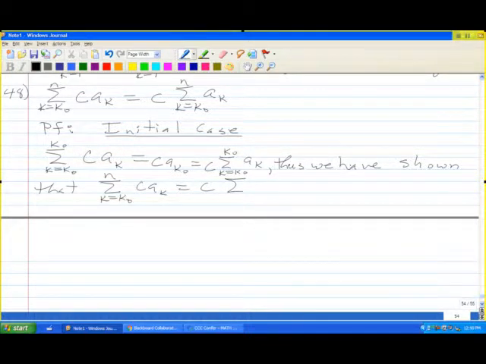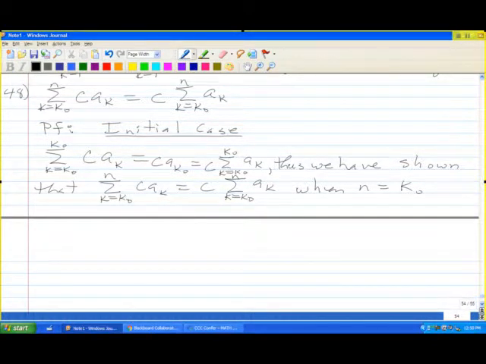Thus, we have shown that these are equal when n is equal to k sub 0. So that was the initial case.